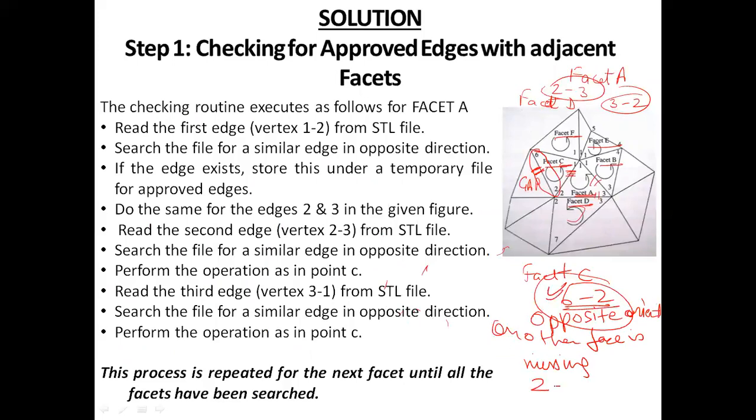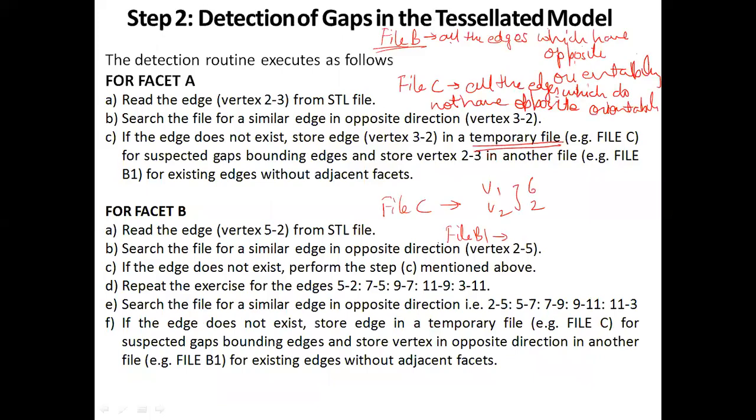So what is the opposite orientability? It is 2 and 6. So information of this 2 and 6, because this is the missing edge, is going now to be stored in file B1. So file B1 will store the information of 2 and 6.